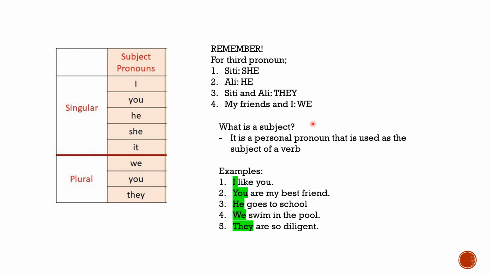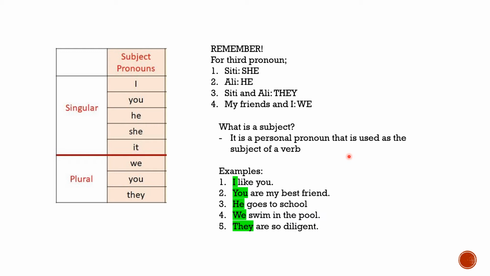The subject is a personal pronoun that is used as the subject of a verb, meaning the doer, a person, a thing, or any animal that does the verb. For example, Siti kicks a ball. Kicks, who is kicking? Siti is kicking. So Siti is the subject in that particular sentence.